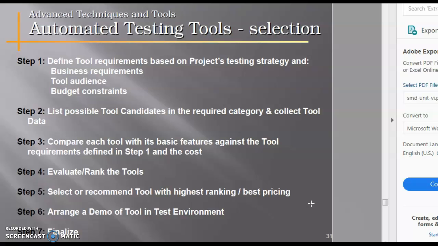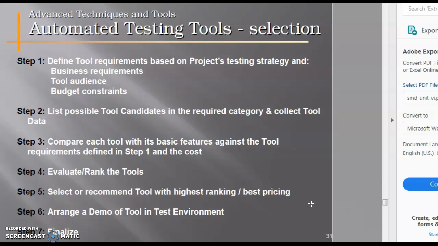Automated testing tools selection steps. First step is to define tool requirements based on the project's testing strategies and business requirements, tool audience, and budget constraints. Second step, list possible tool candidates in the required category and collect tools data.